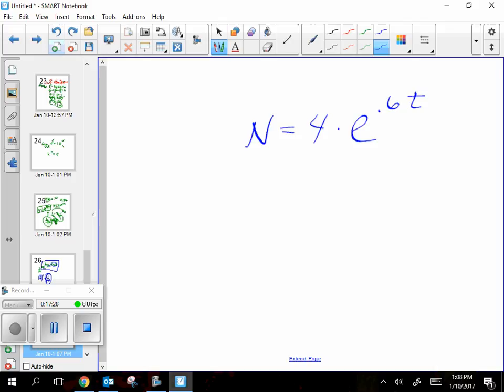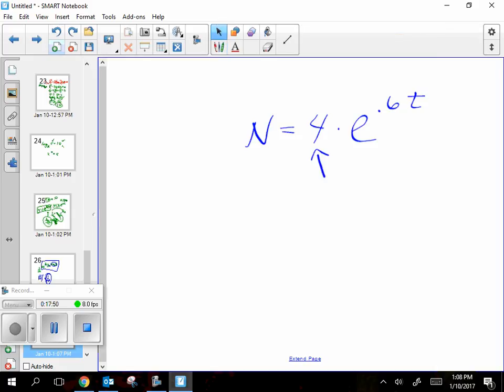Starting amount, which is what? 4. Okay. And it doesn't say a half-life. It tells you that after t number of years, that's going to be how many animals there are. Then they might ask you, either they'll tell you how many years it's going to be, or they're going to ask you like how many leopards there are going to be.